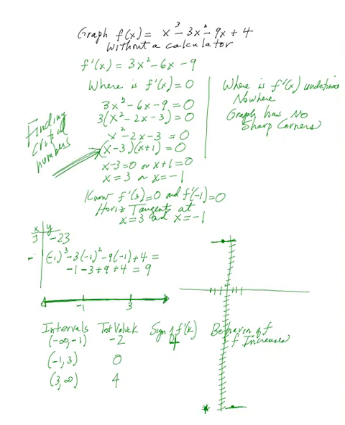If I put in negative 2 for x here, negative 2 minus 3 is negative 5. That's negative. Negative 2 plus 1 is negative 1. Negative 5 times negative 1 is positive 5. I got a positive. See, I don't care if it's positive 5 or positive 15 as long as it's positive.